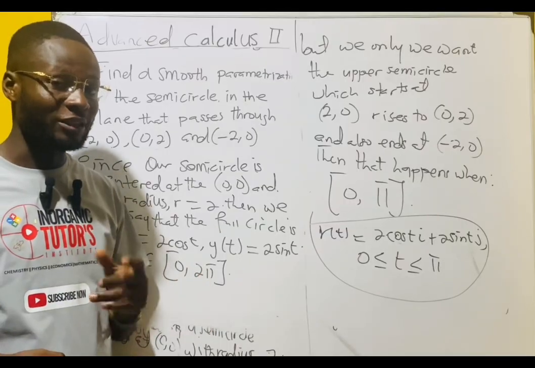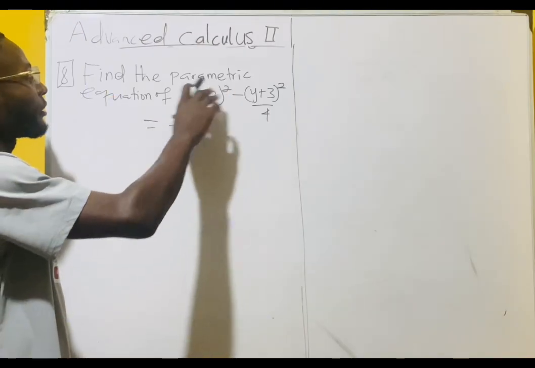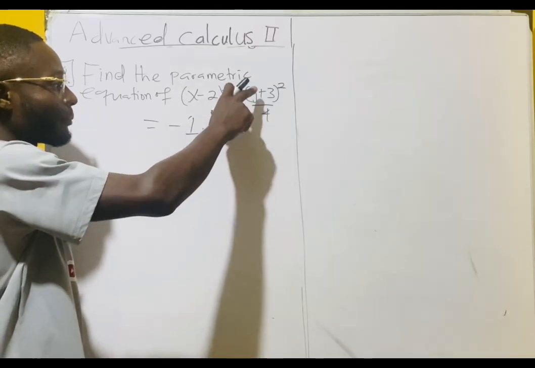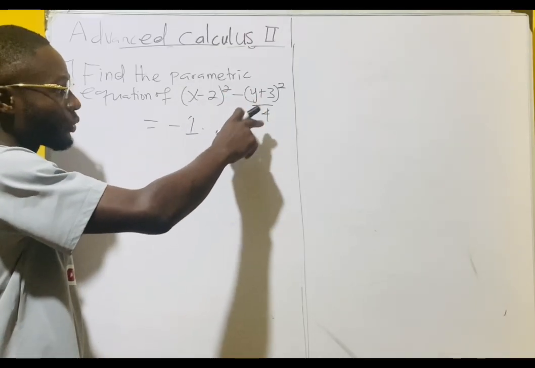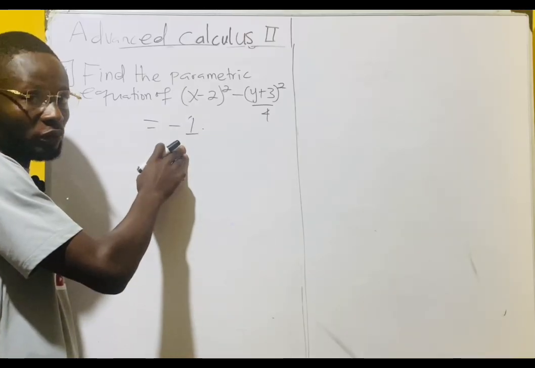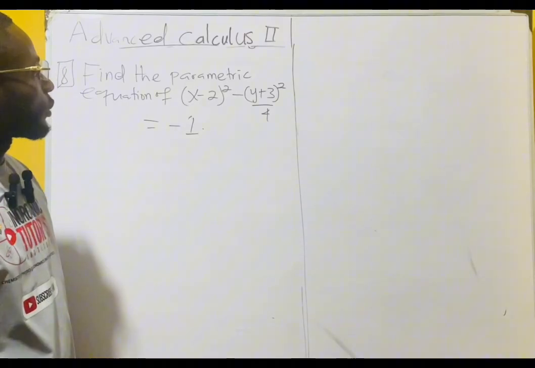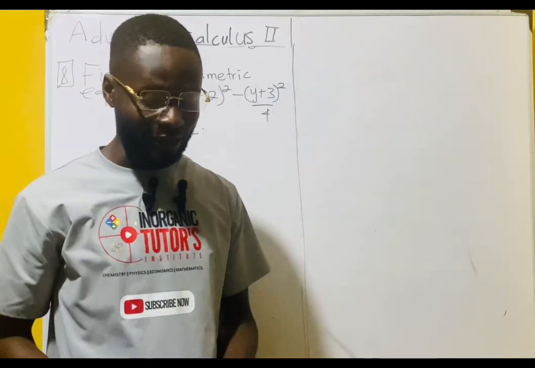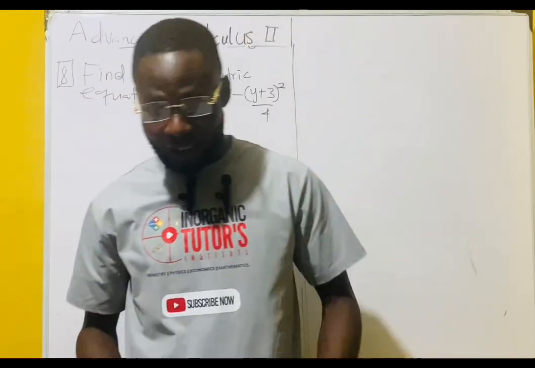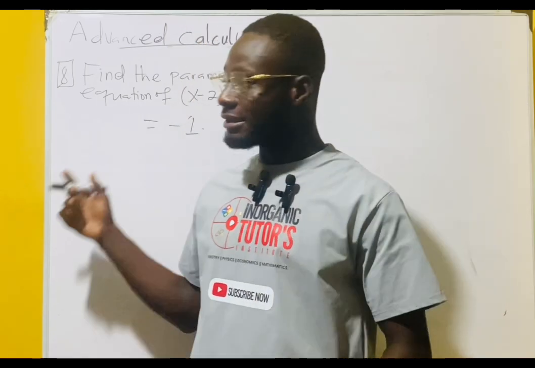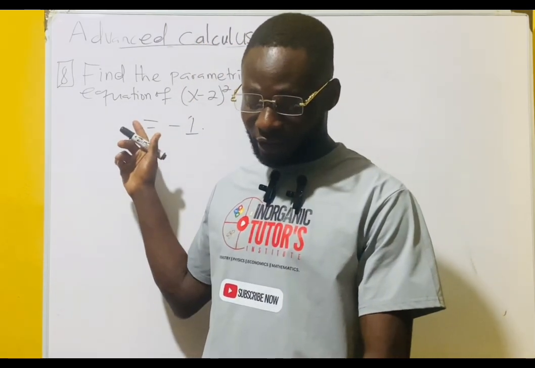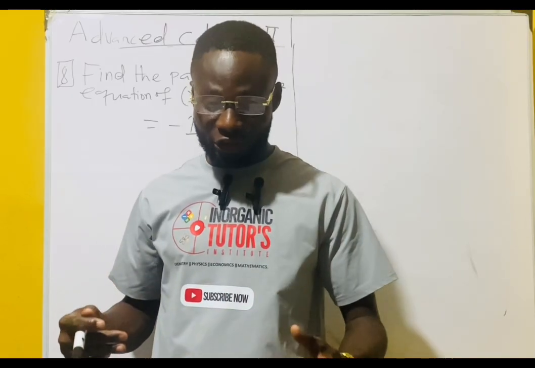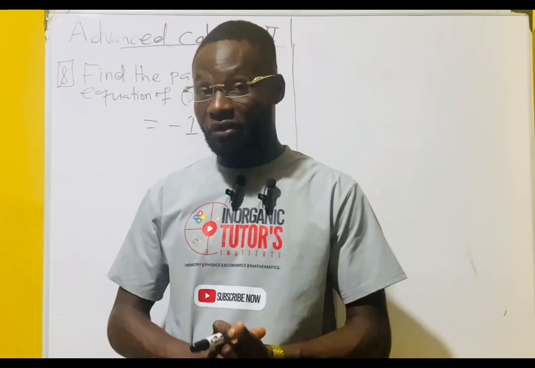Now let's move on to question number 8. We want to find the parametric equation of (x minus 2) all squared minus (y plus 3) all squared over 4, and that is equal to -1. Basically, what this question is asking is that we want to write a parametric representation using trigonometric functions, right?